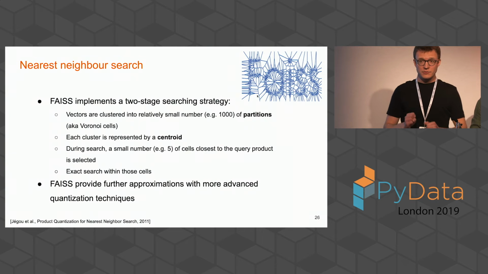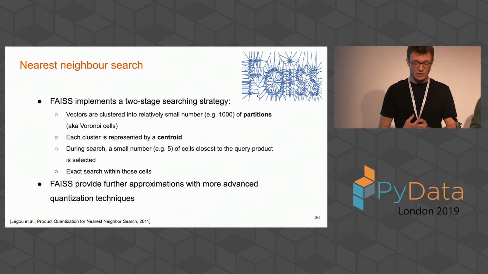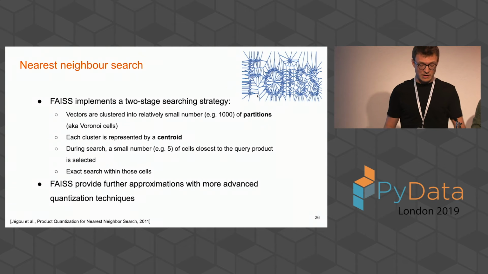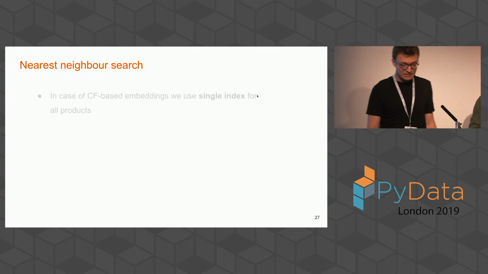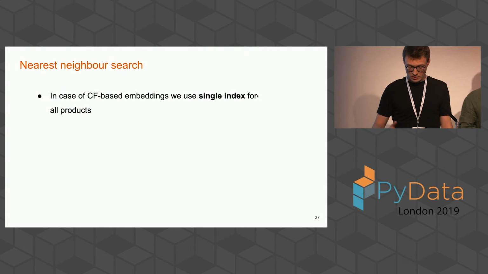We could introduce even further speed up and reduce the memory requirements even more by using some more advanced quantization techniques. FAISS implements those more sophisticated quantization techniques, but in our case, it was enough to use this two-stage strategy without more advanced quantization techniques. There's a paper which describes those ideas. And a few more details on how this nearest neighbor search module is implemented.